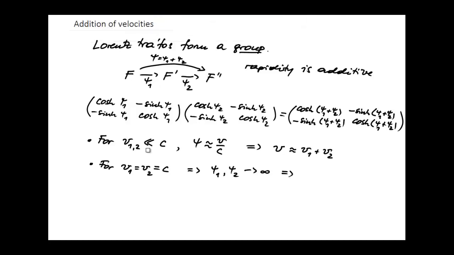So v1 and v2 approach the velocity of light. This implies that the rapidities approach infinity. This implies that psi1 plus psi2 obviously also approaches infinity. And this implies that v, the velocity of F double prime relative to F, again approaches c. It doesn't go beyond c.